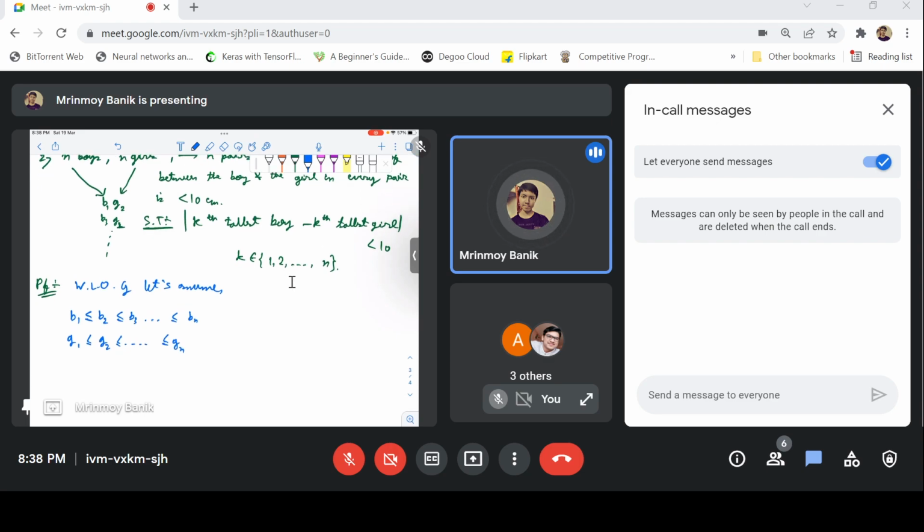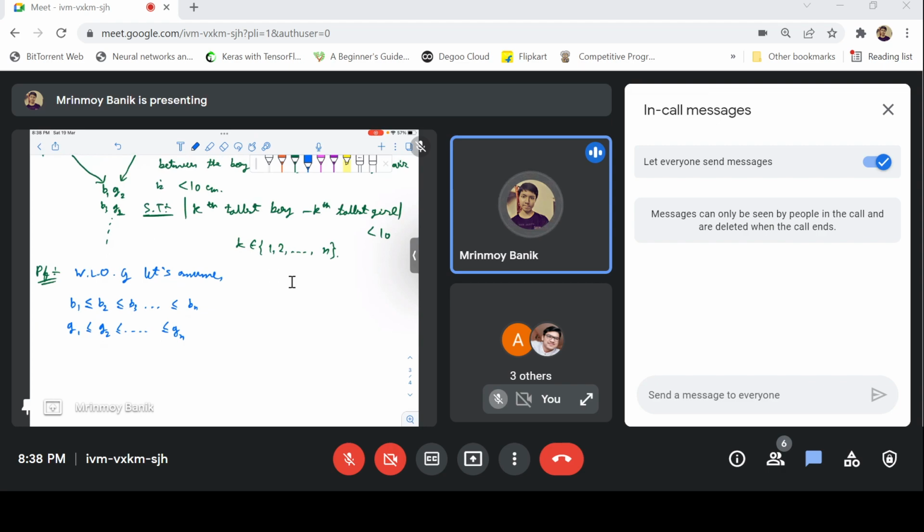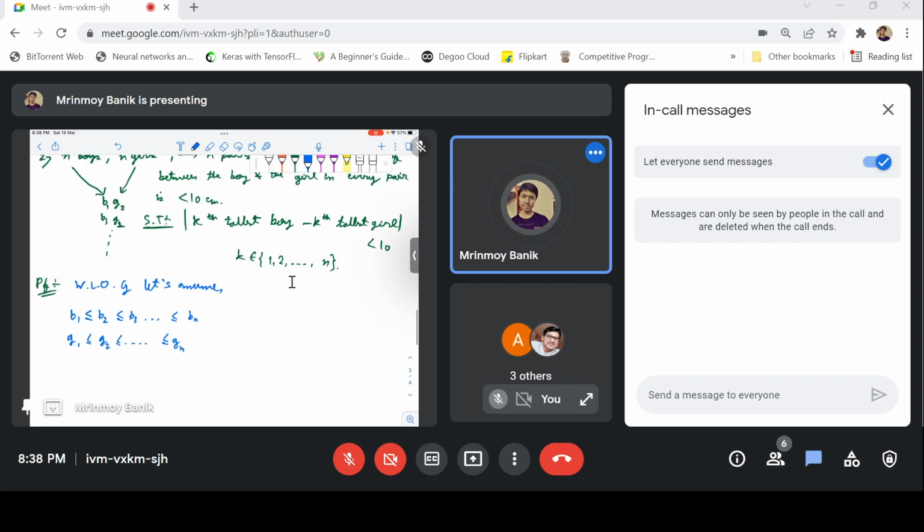Now we don't know the pairings, but we want the kth tallest girl and the kth tallest boy. So let's reverse the inequalities; it would be easier for us to find the kth tallest person.